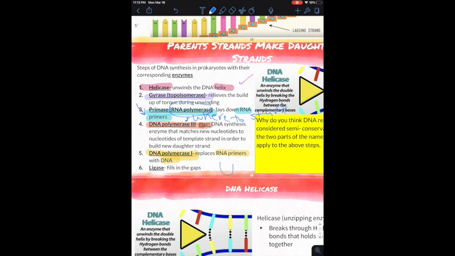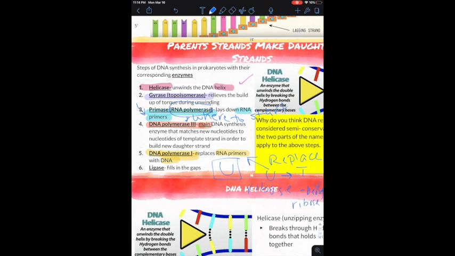The bases that RNA uses include uracil instead of thymine. DNA polymerase 1 is going to be able to replace uracil with thymine, also replacing the ribose sugars with deoxyribose sugars.